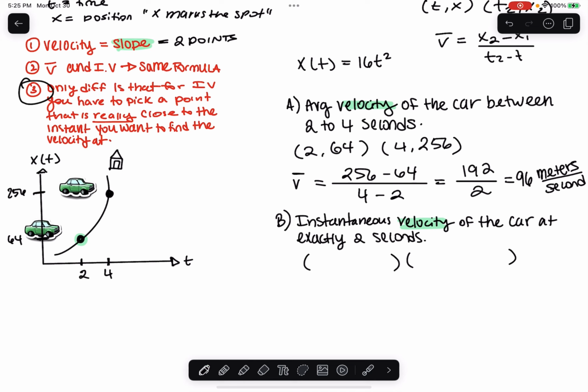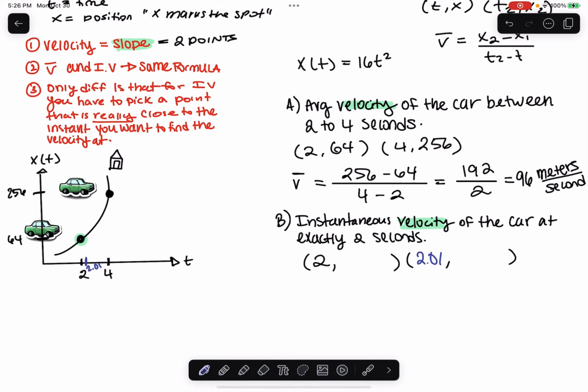Again, this is where point 3 comes in. The only difference between finding average velocity and instantaneous velocity is that for instantaneous velocity, you simply have to pick a point that is really close to the instant you want to find the velocity at. In this case, the instant in time we want to find the velocity at is 2 seconds. So we simply need to pick a time that's really close to those 2 seconds. So maybe 2.01.